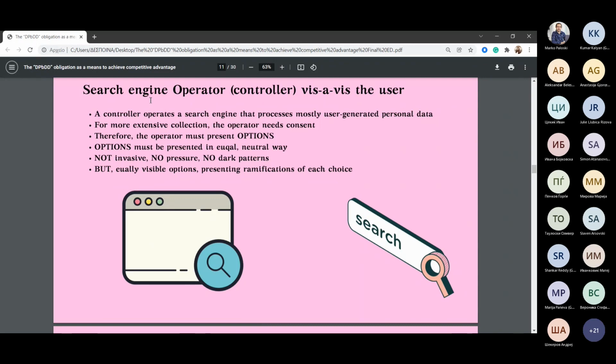We have a search engine operator, a controller, vis-a-vis the user. The controller operates a search engine that processes mostly user-generated personal data. For more extensive collection, the operator needs consent. Therefore, the operator must present options.